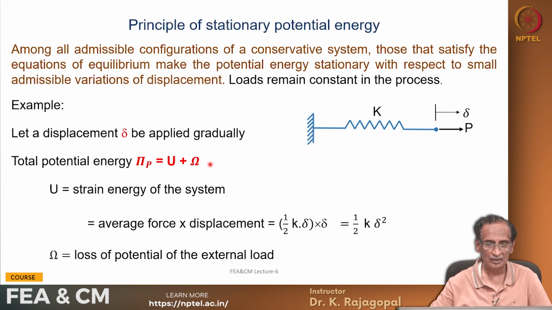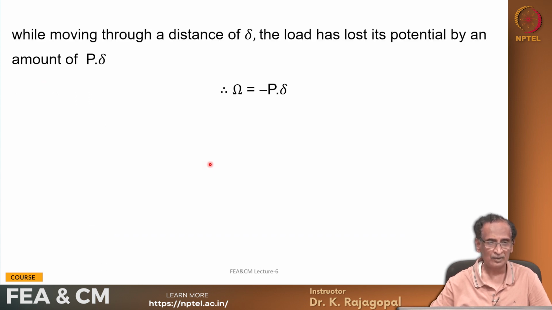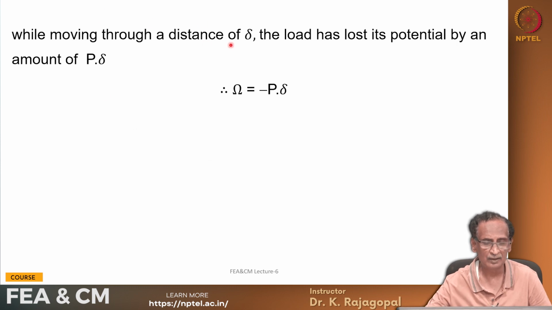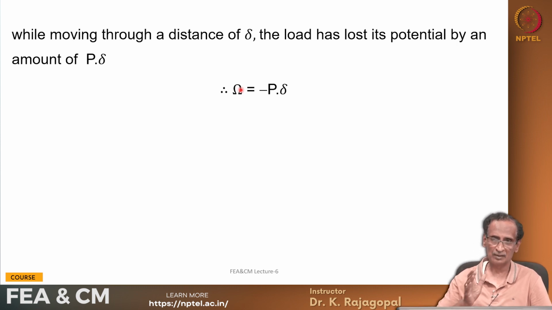I will come to this later. Let us say while moving through a distance of delta, the load has lost its potential by an amount of P delta. So we can say the omega is the loss in potential as minus P times delta, because by that much it has lost the potential.